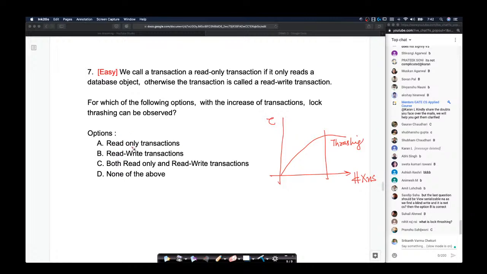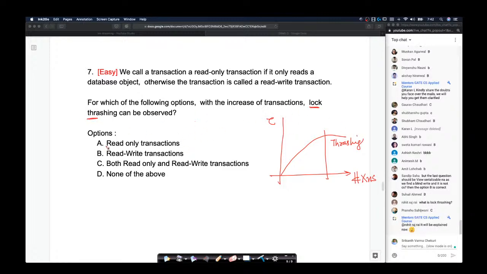But if you have read-only transactions, you're just reading from the data, right? So you don't have to worry about any locks. You don't have to worry about anything. So lock thrashing itself will not occur because you don't have to lock anything. Okay, sorry, my bad.